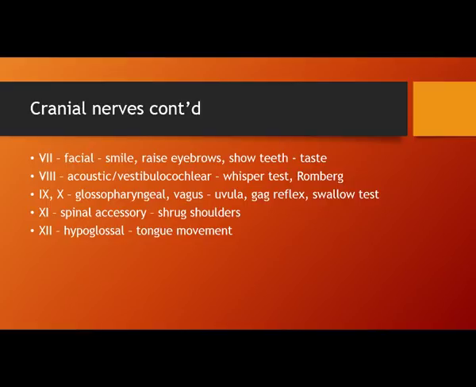The other thing that might indicate a problem would be if the uvula deviates to one side or the other. And then the other thing we can do is a swallow test. You can give them a small amount of water, like maybe 5 milliliters, and see if they're able to swallow that, or if they're hoarse afterwards.